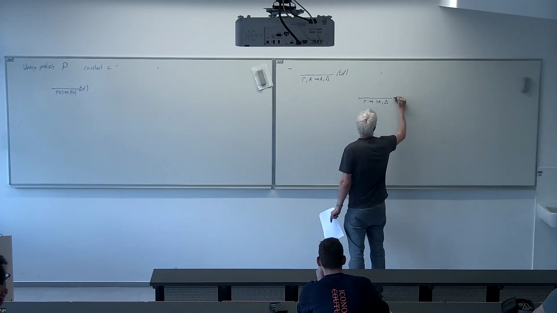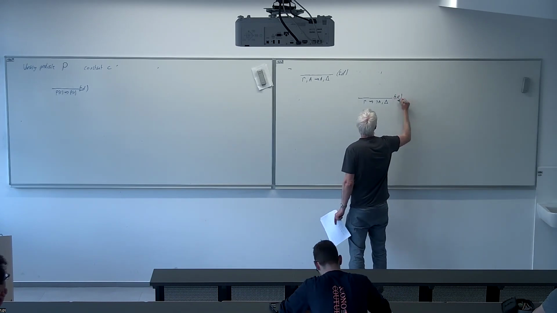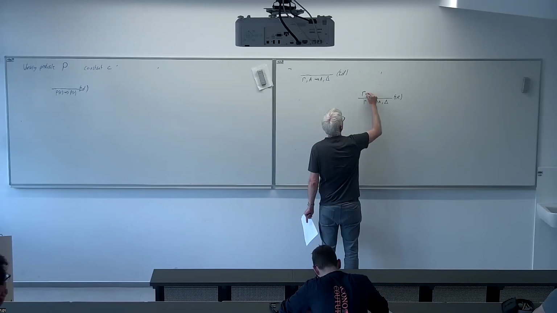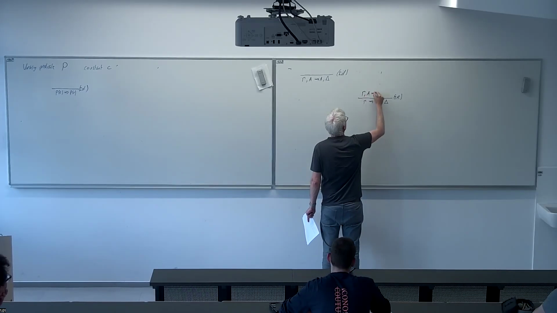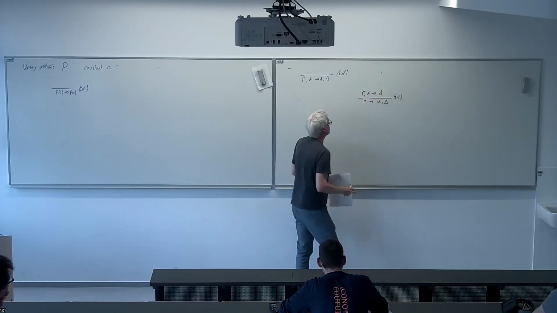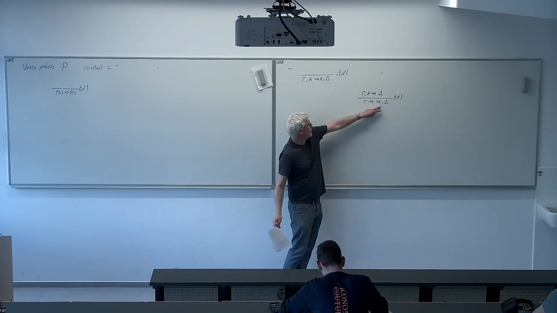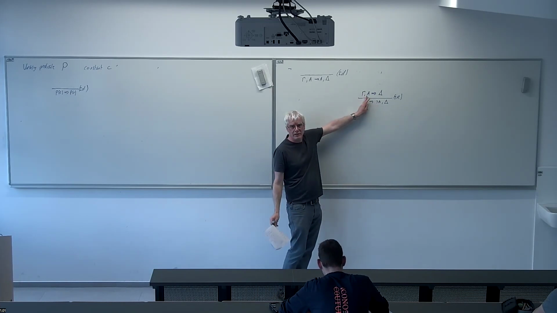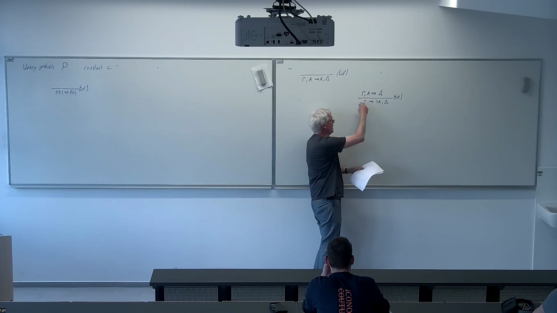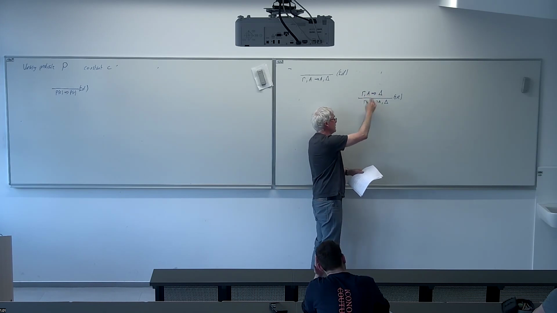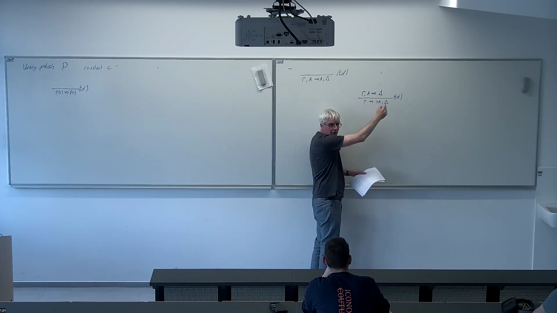And we can derive that if we can prove this sequent here, in which the formula A is moved over to the left and the negation doesn't appear. It's kind of saying if gamma and A implies delta, the soundness of this rule is basically from if gamma and A implies delta, then gamma implies not A or delta.